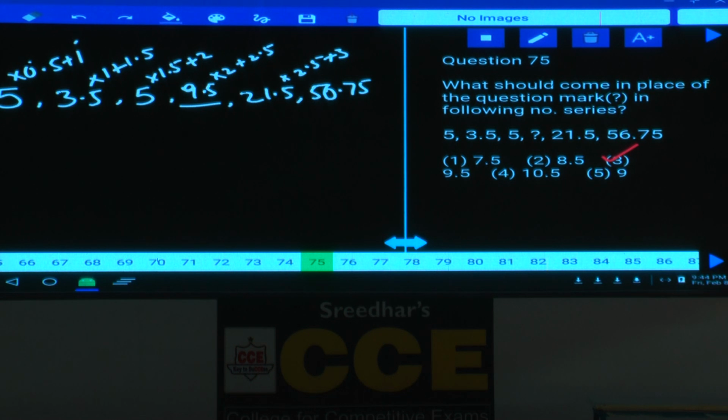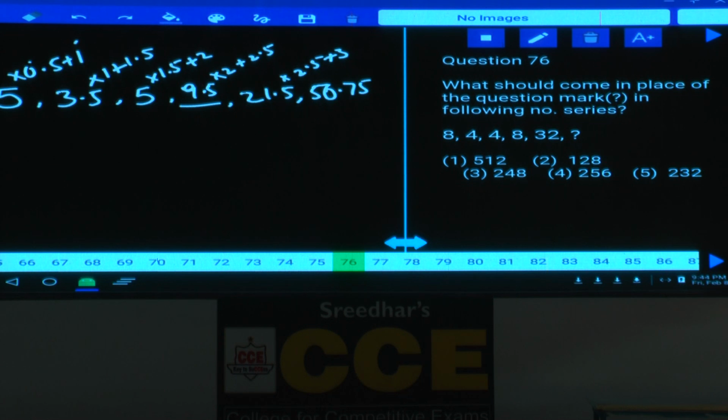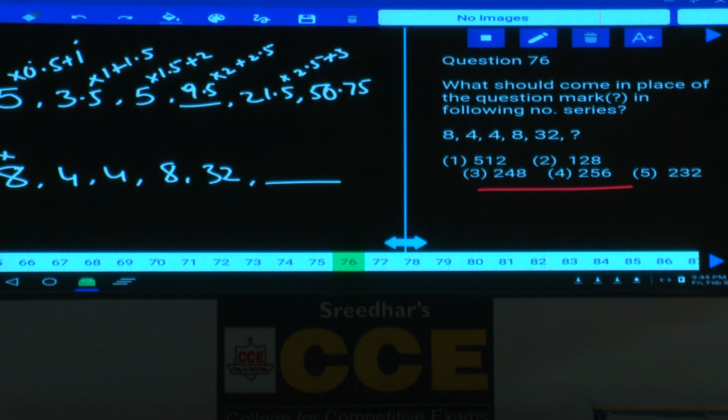Question number 75 done. Then question number 76: 8, 4, 4, 8, 32. If you observe the choices here, all the choices are in and around 500, isn't it? Hence it comes under multiplication. 8 into 0.5 is how much? 4. And 4 into 1 is 4, 4 into 2 is 8, 8 into 4.